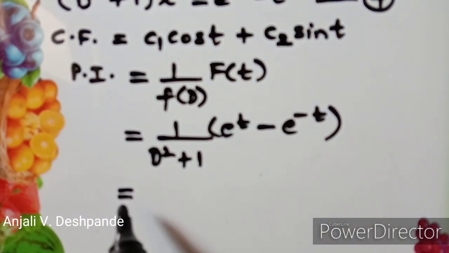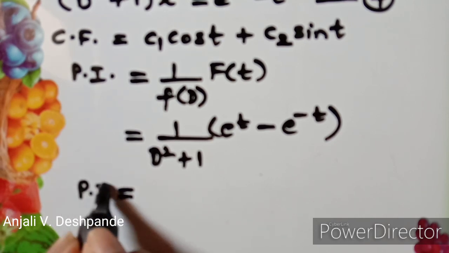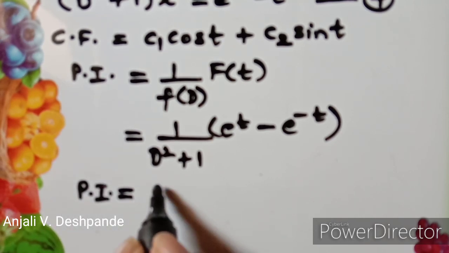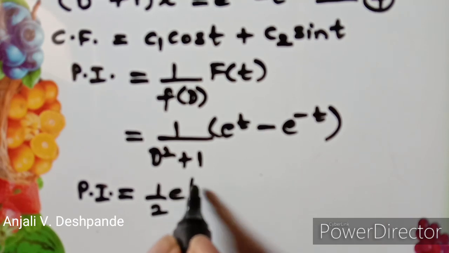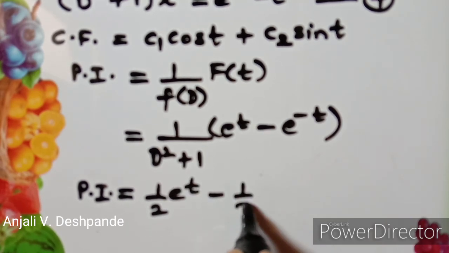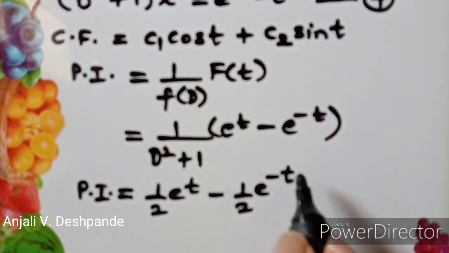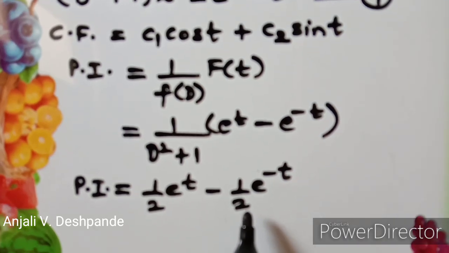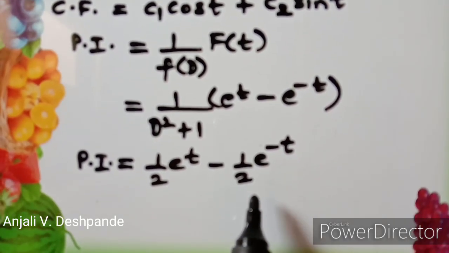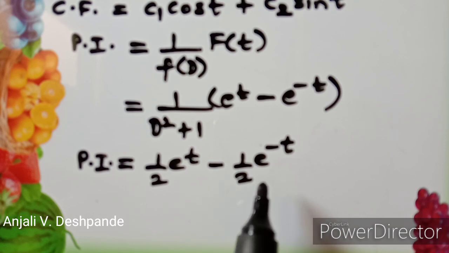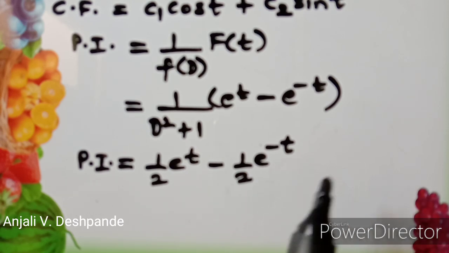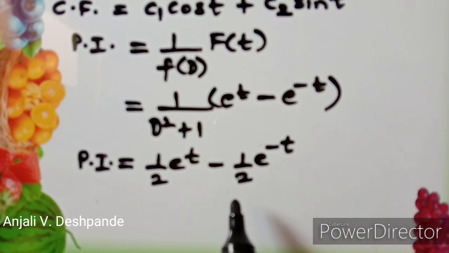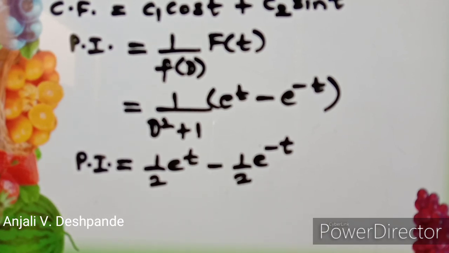After solving this you are going to get the PI as half e raised to t minus half e raised to minus t. So once again you have to go back to the videos for which the links are being given in the description box, as well as over here also I will provide the links. So you just click those links and go back to how to find the CF and the PI.